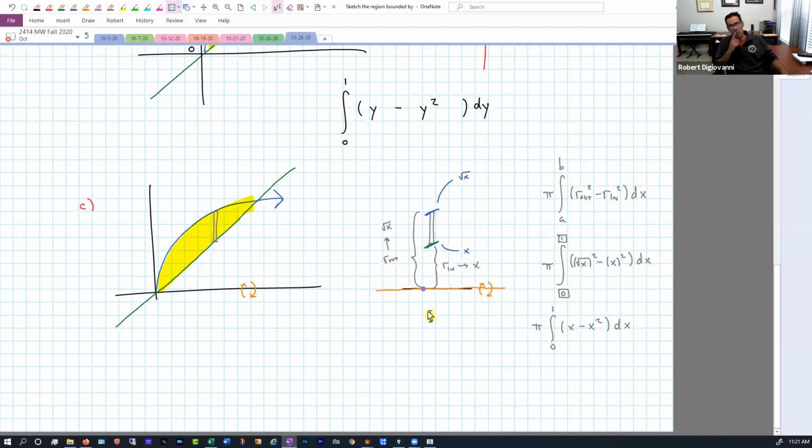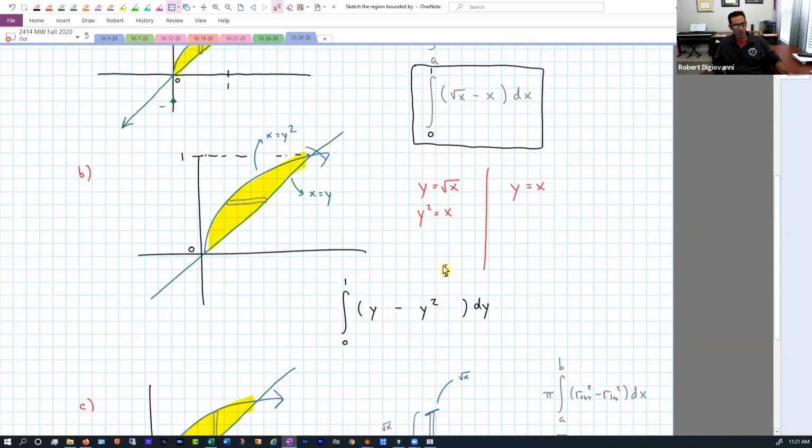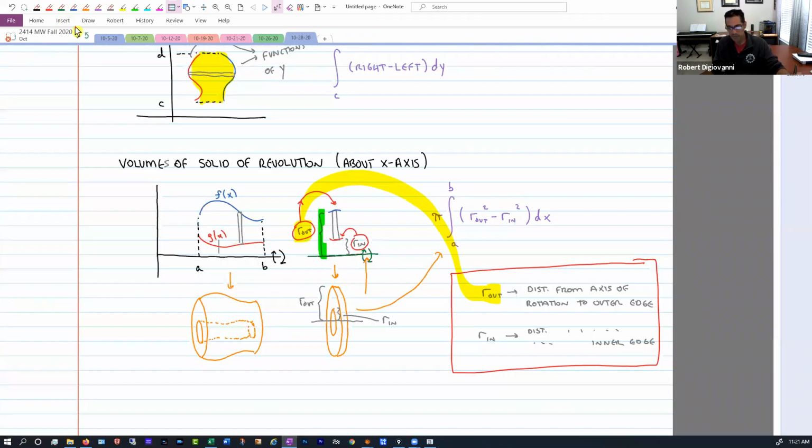Now, what if I change things and I say, you know what? Let's wrap this around the y-axis. What if you take that same region? So I'm going to add a part D to this. What if we try and wrap this around the y-axis?